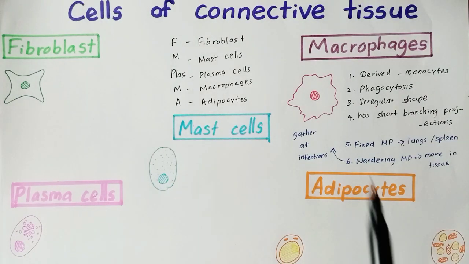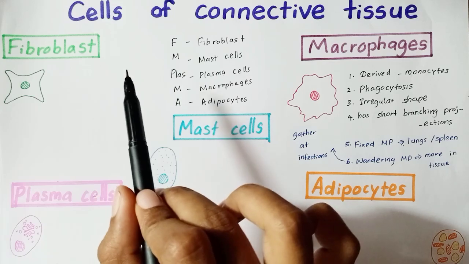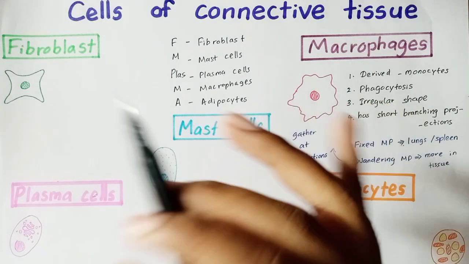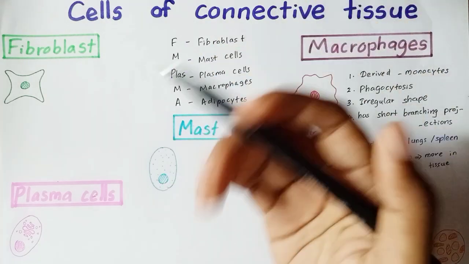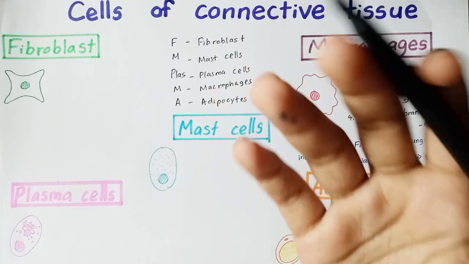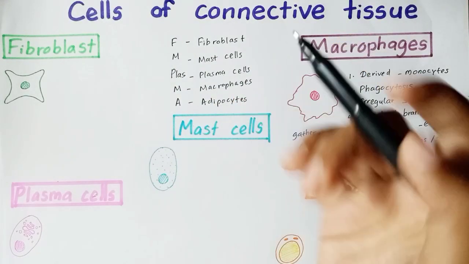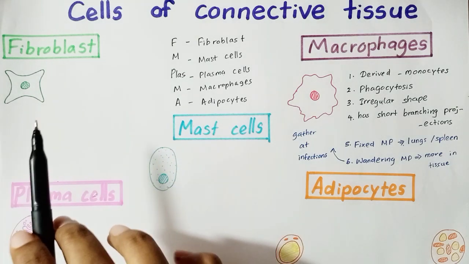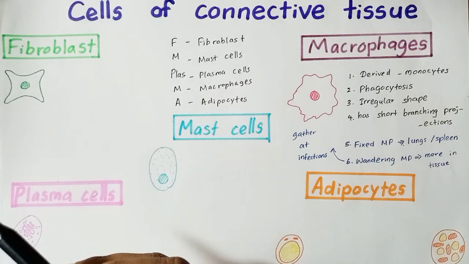Now let's move to the fibroblast cell. When we say blast cells, every blast cell does the same thing: they secrete or produce something. We know that chondroblast cells produce cartilage. When we talk about osteoblast cells, they produce bone matrix. So here fibroblasts, these cells secrete the fibers and components of ground substances.